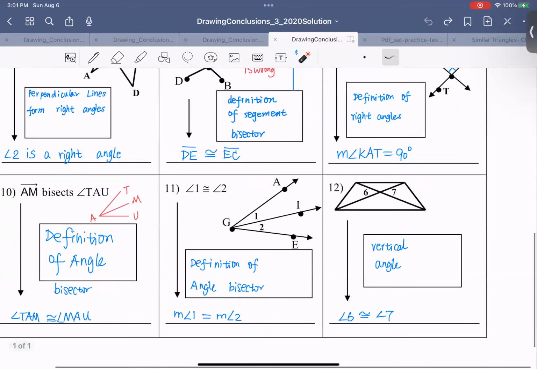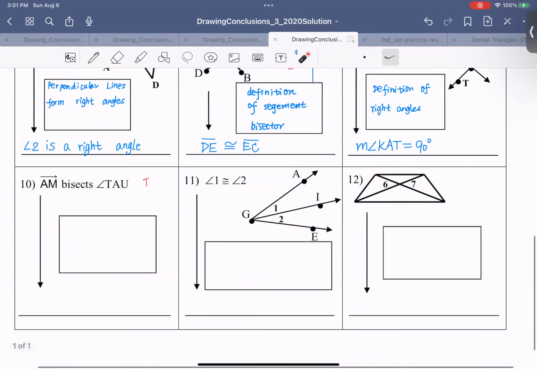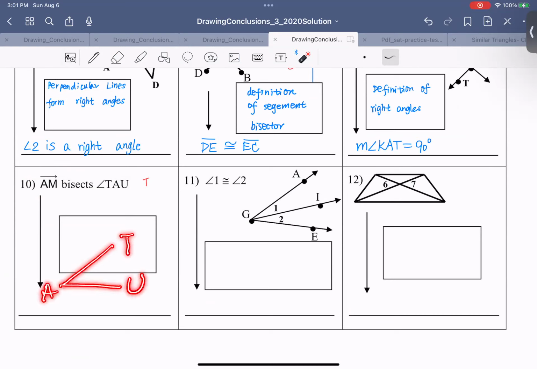So Timothy, let me see if you can do better this time. This one. You unmute yourself. If you don't know what to do, you draw this first. You say, oh, TAU, and then this is AM. Based on this, you need to be able to draw it. So your conclusion will be what?